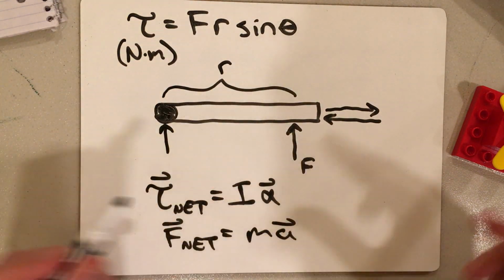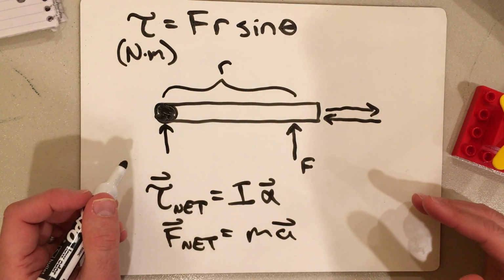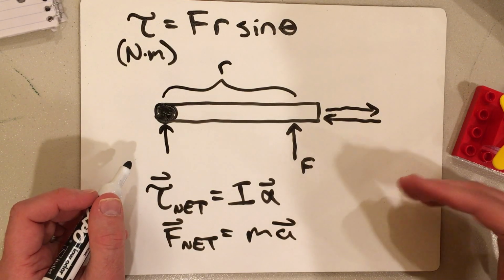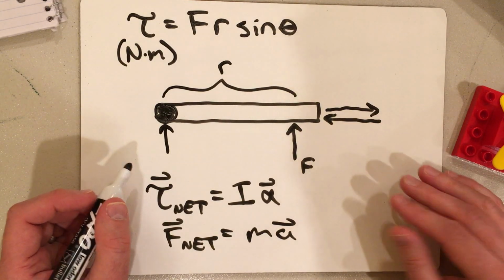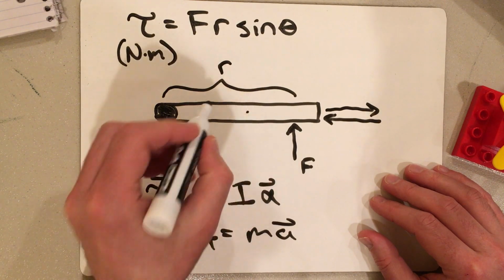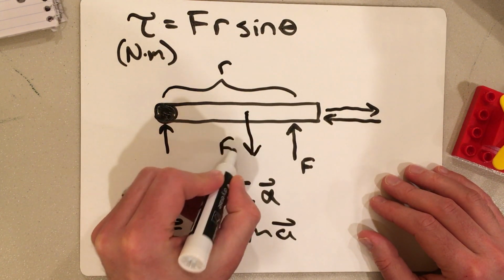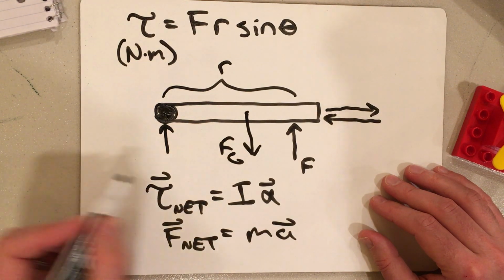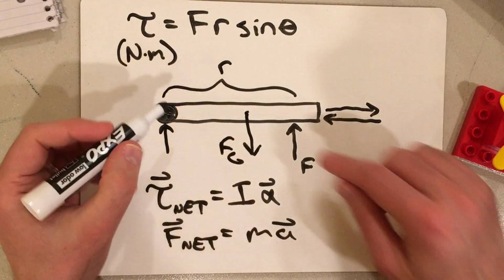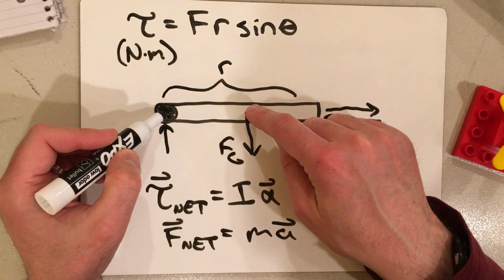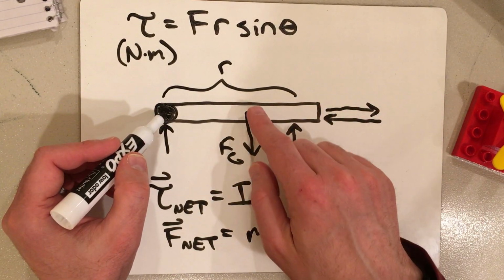So the thing I need to mention is that for gravity, we always treat it as pulling from the center of the object. So here, the center of the object is right there. So that would be where F sub g is acting. And so the lever is from the rotational axis to here, or in other words, halfway.